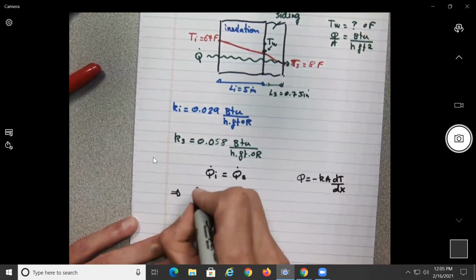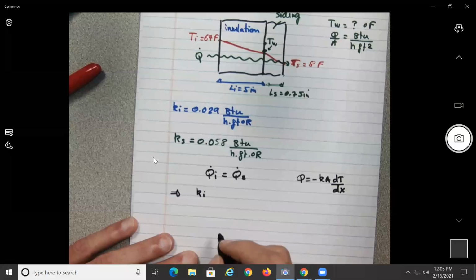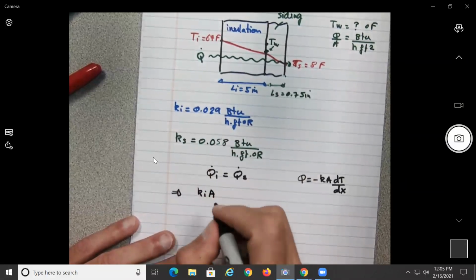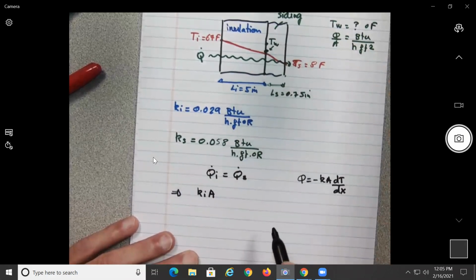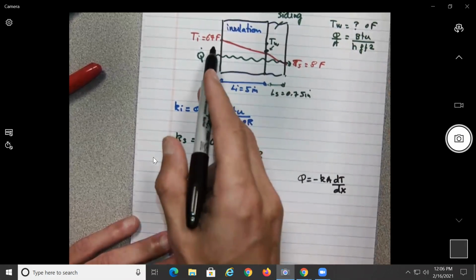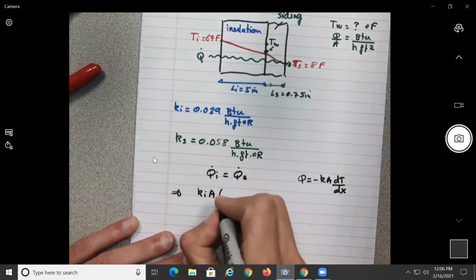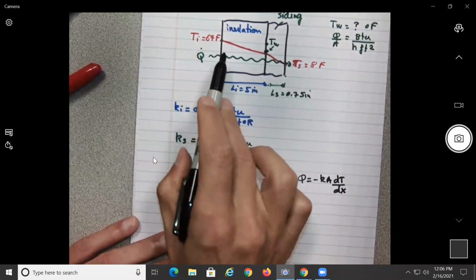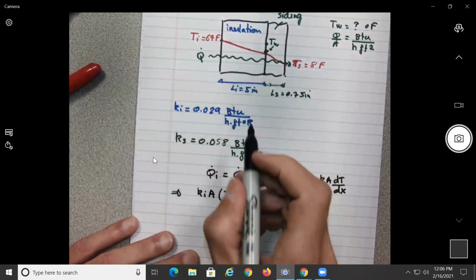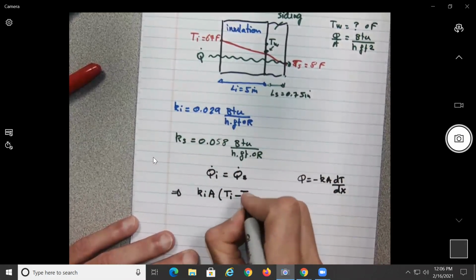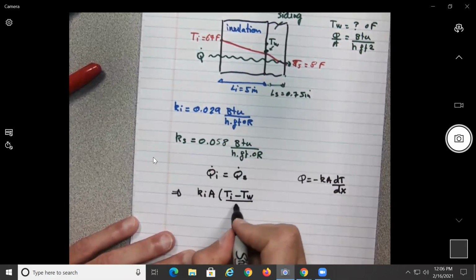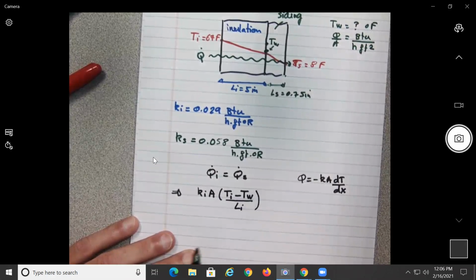It will be K insulation, I'll start from the left-hand side. The area would be the cross-sectional area. And now, what would be the temperature? It would be T of the insulation. I go left to right. Where do you go next? To the wall, divided by L of the insulation.